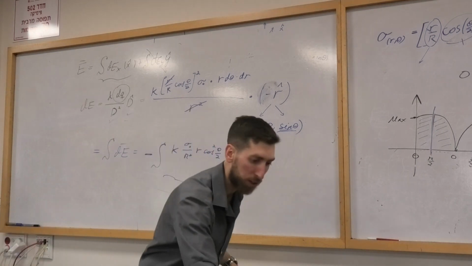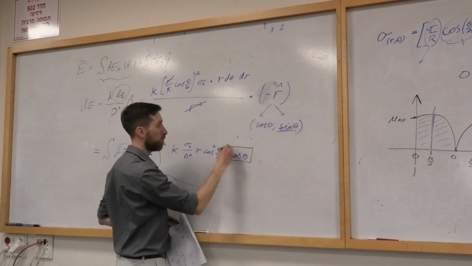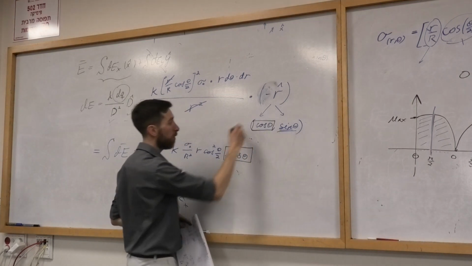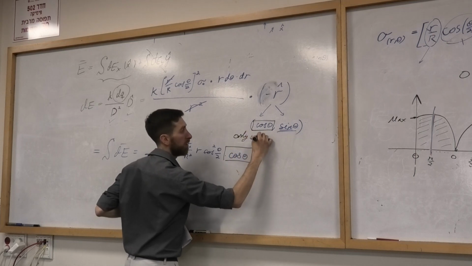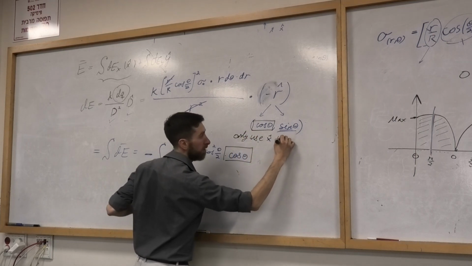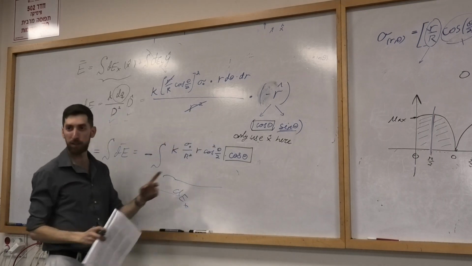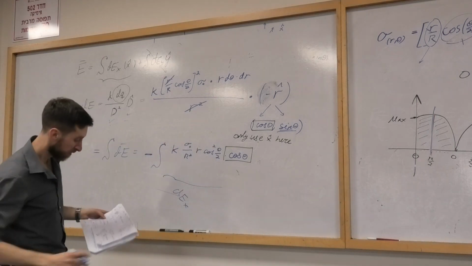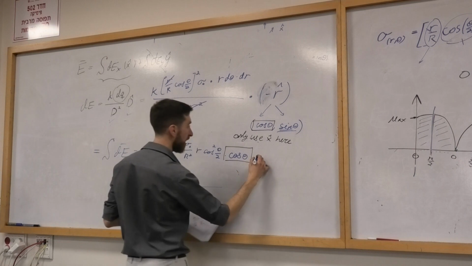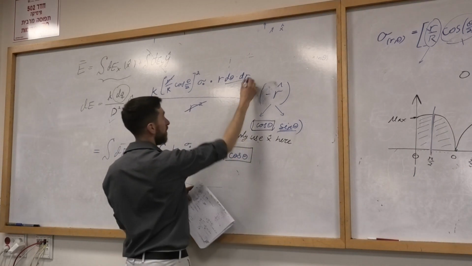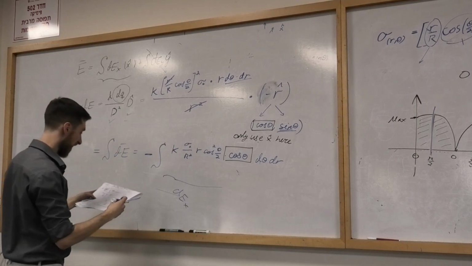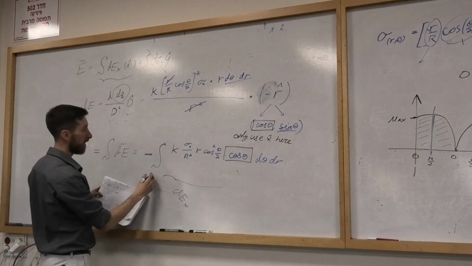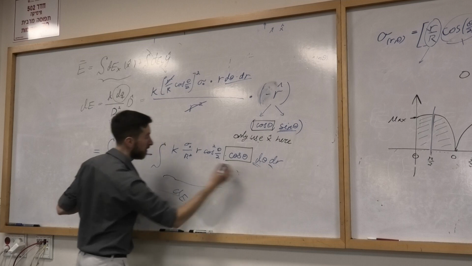Okay, I do it in a different color, so you understand that this is coming from the fact that I only want x. Only use x here. Got it? Perfect. And then here, I still have this dθ dr, okay? And I have two integrals actually, right?